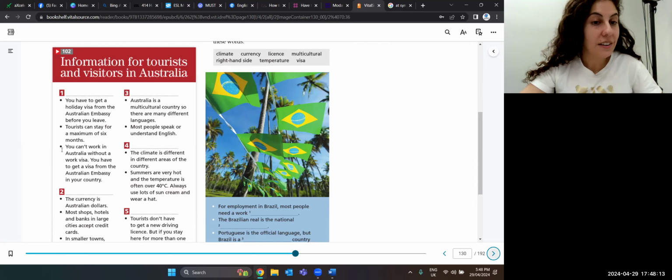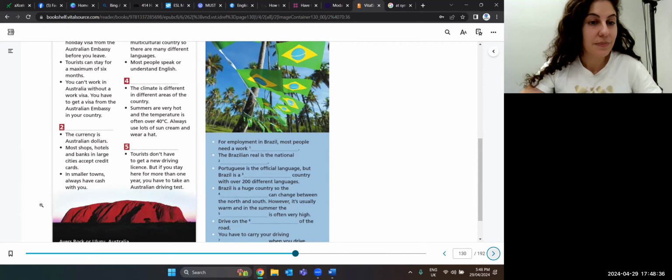You can't work in Australia without a work visa. You have to get a visa from the Australian Embassy in your country. Number 2, the currency is the Australian dollar.